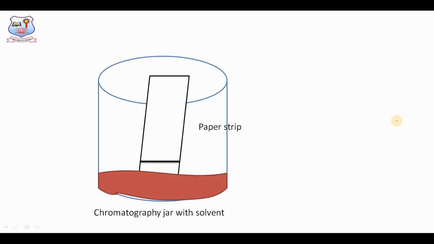Let's see through the diagrams, right? So this is called the chromatograph or chromatography jar. In the previous lecture I have given some terms related to chromatography. So take a reference of it or take a note of it, because it will be very useful for you to remember.